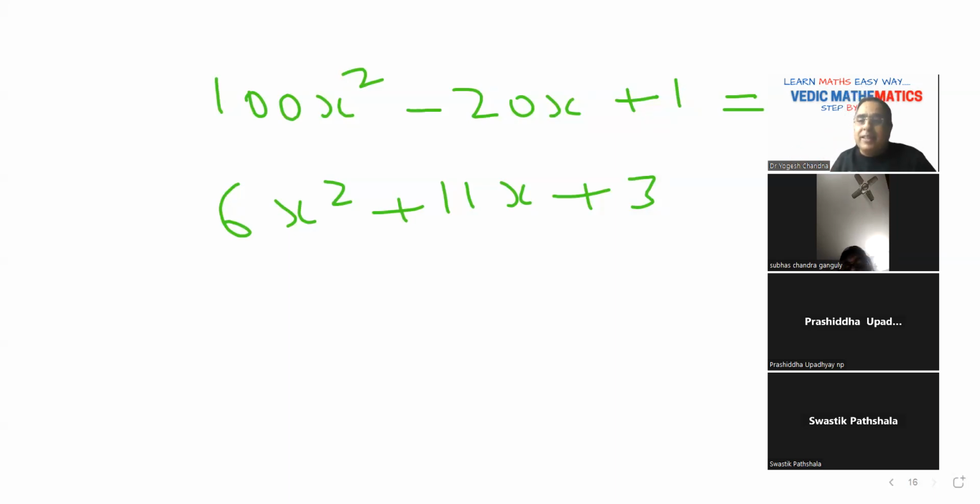You can use the completing the square method, or the formula, but this would be the best if you use your mind, if you use your brain. Yes, what are the factors for 6x square plus 11x plus 3?